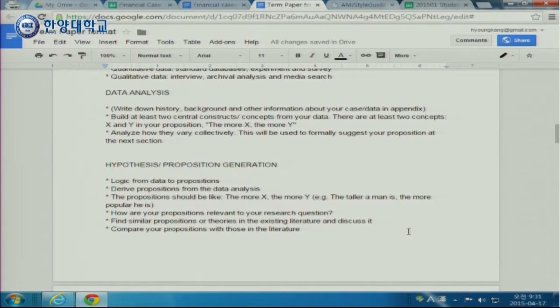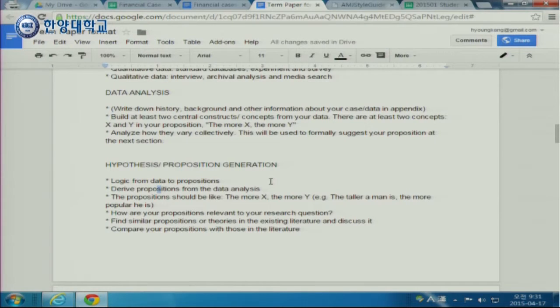And there should be a logic between the data and the proposition. This proposition should be logically derived. This means deriving propositions from the data.